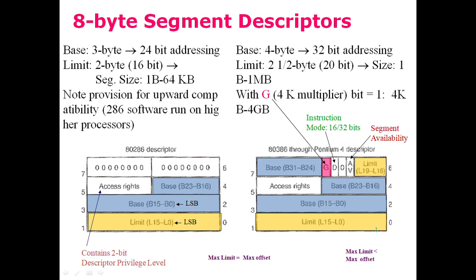The base is a 4-byte value. Byte 2, byte 3, byte 4 and byte 7 make the base, where bit 0 of the base is the rightmost bit of byte 2, and it goes up till bit 31, which is the leftmost bit of byte number 7 here.